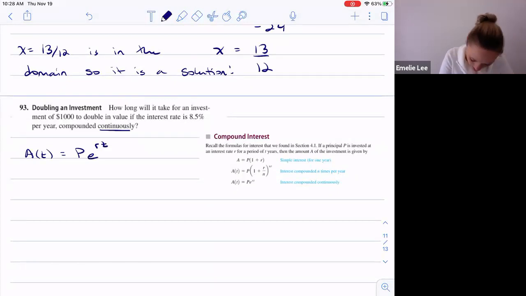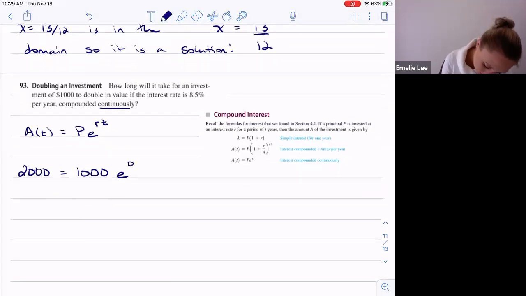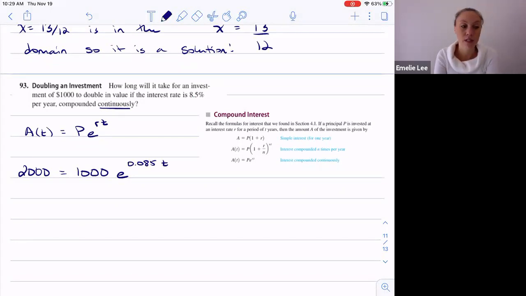Now, if we want $1,000 to double, the principal amount is 1,000 and A of t must be 2,000, the double of that. So we have 2,000 is 1,000 times e to the rate as a decimal, 0.085, divided by 100, times t. Solve for t.